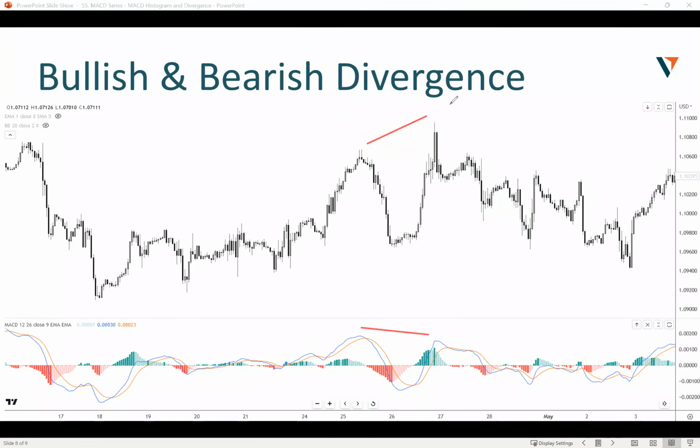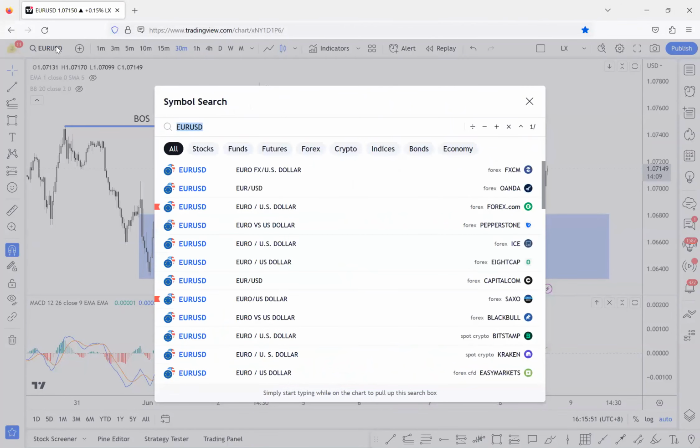Okay, so let me just bring up the charts and I'll share this example on Go. Okay, so let's take a look at this example on Go here.